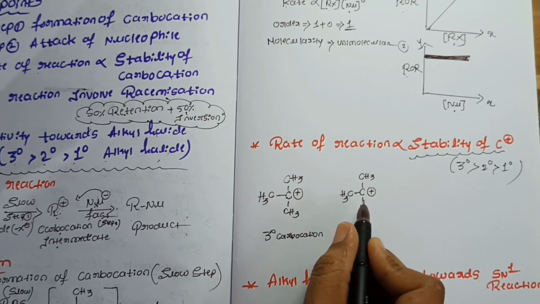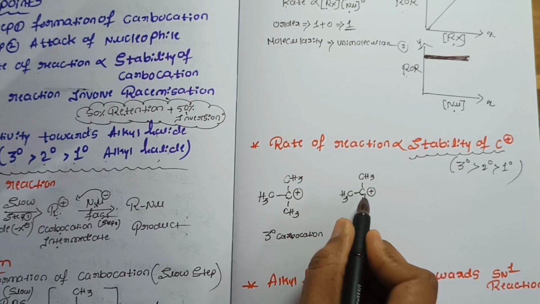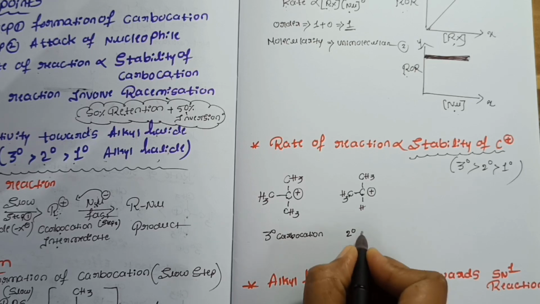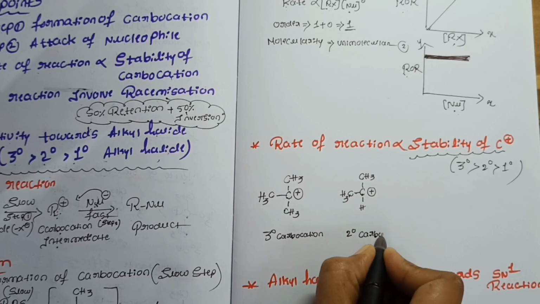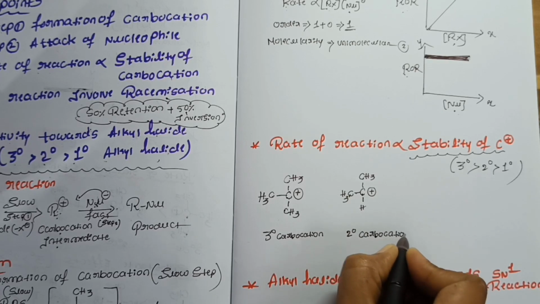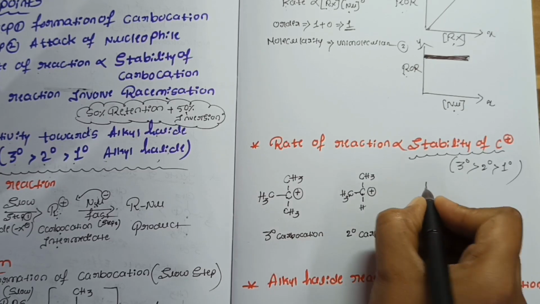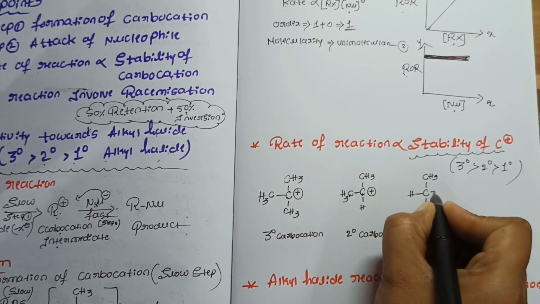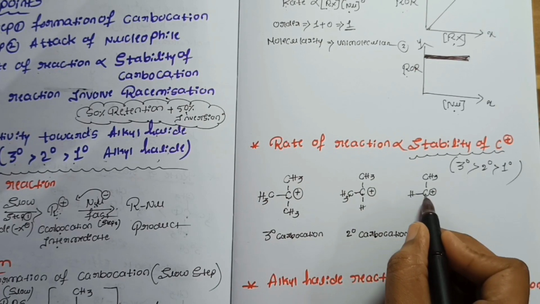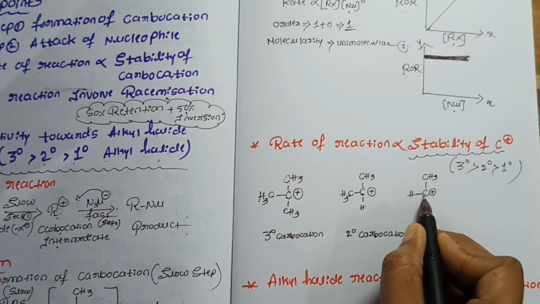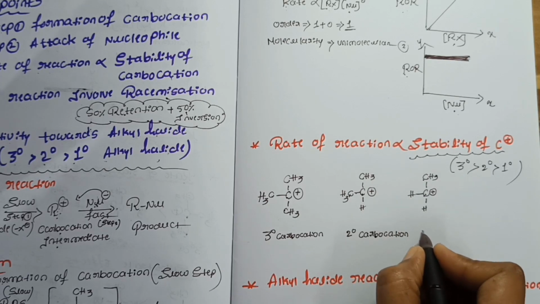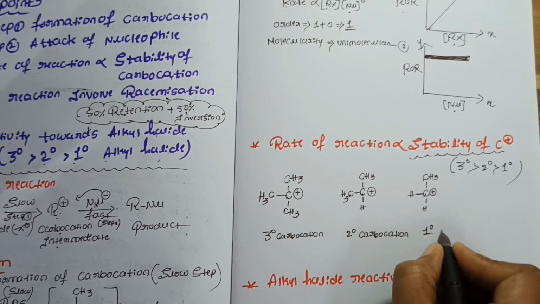This carbocation we call a secondary carbocation, because it is attached to 2 more carbons, means 2 methyl groups. Now next, this carbocation we call a primary carbocation. Why? Because this carbon is attached to only 1 carbon or 1 methyl group. So we call it primary carbocation.